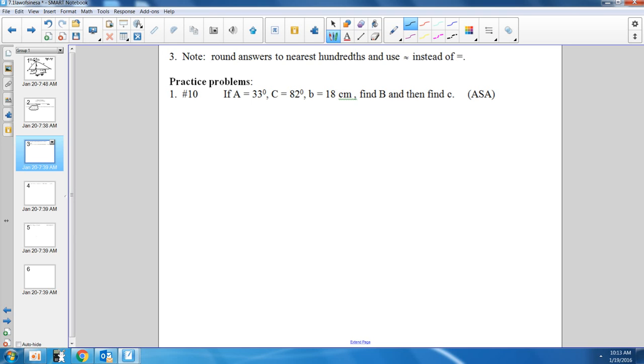Number 10 in the homework section says if angle A is equal to 33 degrees, angle C is equal to 82 degrees, side B is 18 centimeters, find angle B and then find side C.